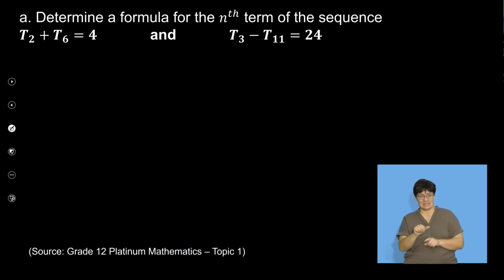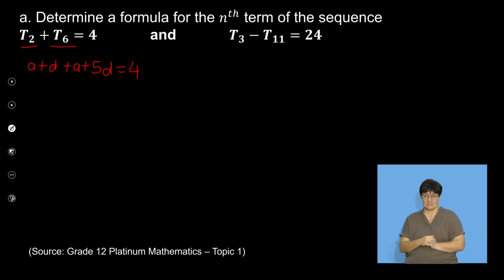We know that T2 can be written as A plus D, and T6 can be written as A plus 5D. So I've now written T2 and T6 in terms of A and D. If I simplify that, I'm going to have that 2A plus 6D is equal to 4.